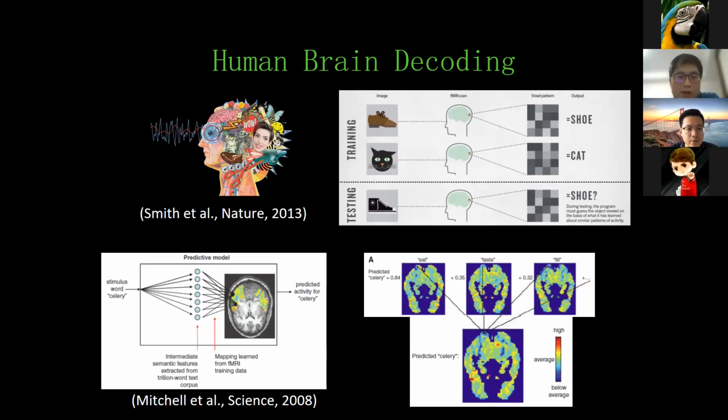After training, we can test a person. That is, when a person sees a new image, we can use the corresponding fMRI to predict whether the person is seeing a cat or a shoe. So this is called human brain decoding.